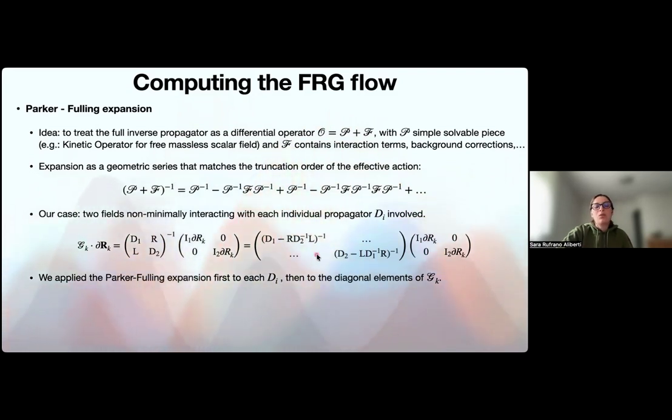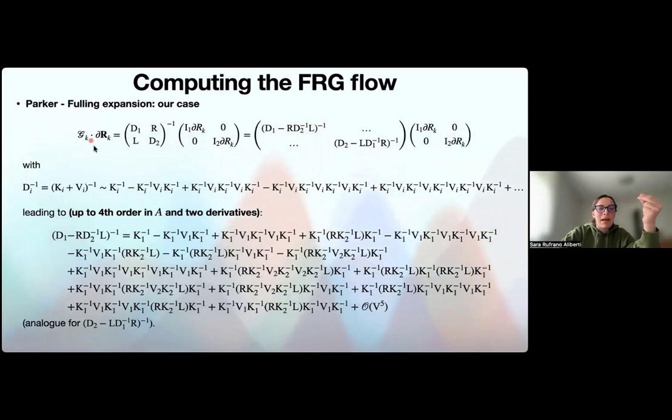So the aim is to compute these two elements, okay, where di is each individual propagator occurring in our analysis. In order to do that, we applied the Parker-Fulling expansion first to each individual propagator di, and the expansion is with respect to vi, the interaction. Then we use this Parker-Fulling expansion for all the diagonal elements, for example this one, but it's equivalent for the other diagonal element, of course.